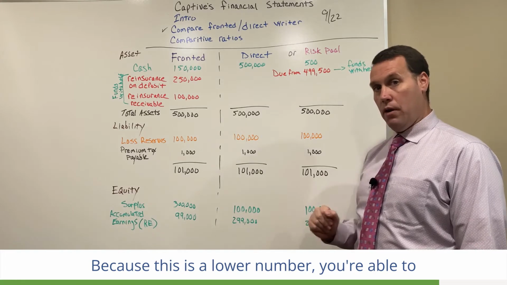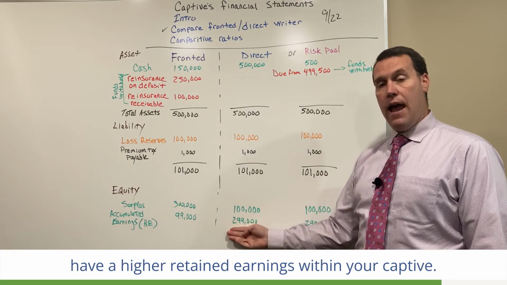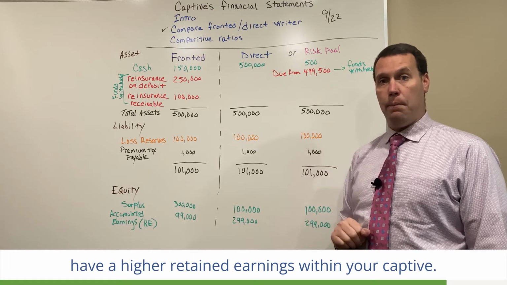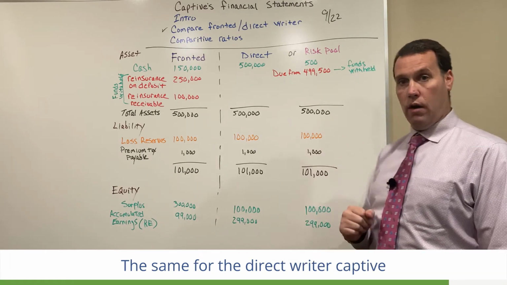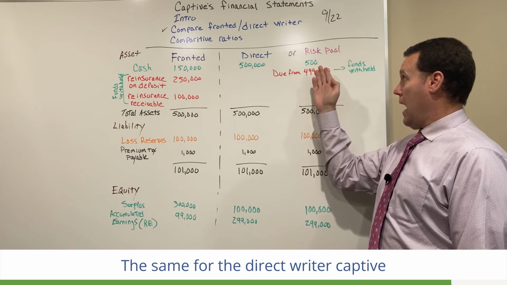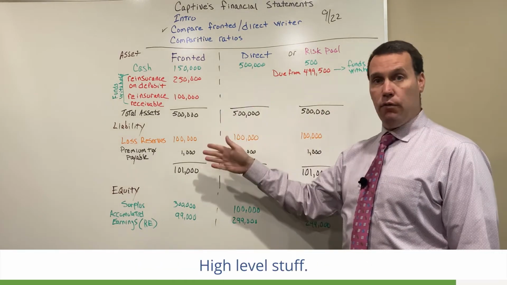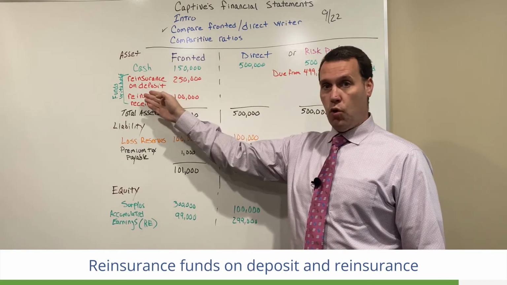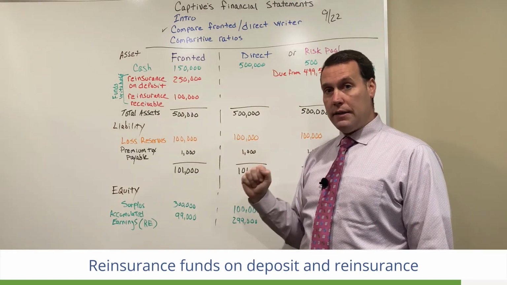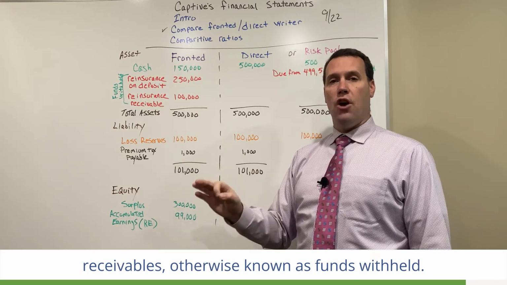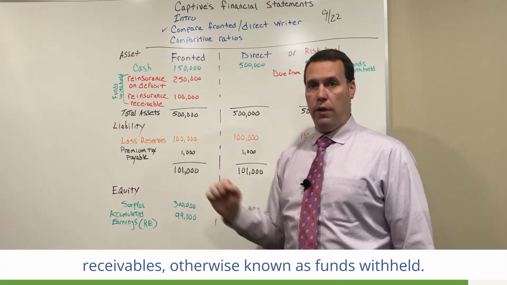Because this is a lower number, you're able to have a higher retained earnings within your captive. The same for the direct writer captive that participates in a risk pool. Okay? High level stuff: reinsurance funds on deposit and reinsurance receivables, otherwise known as funds withheld.